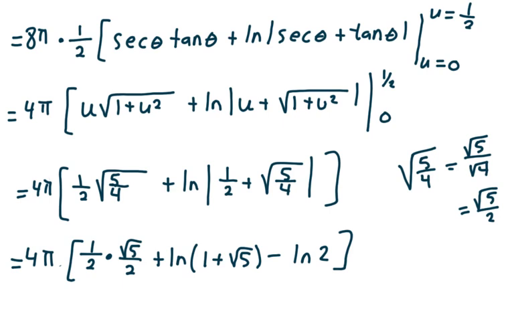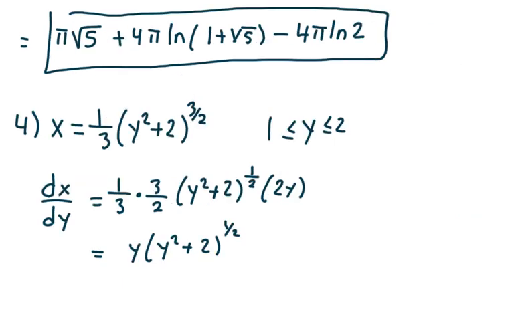Okay. Now, this can be written as pi times the square root of 5 plus 4 pi natural log of 1 plus the square root of 5 minus 4 pi natural log of 2. And that's the answer to example 3.